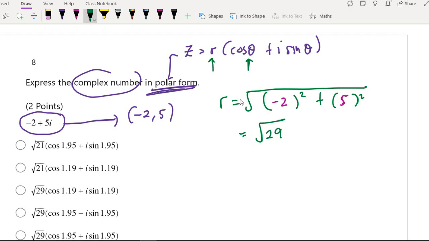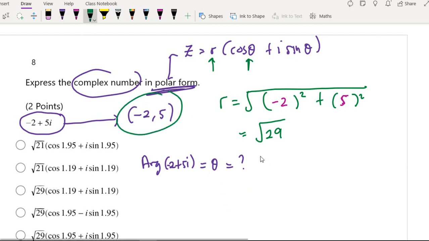Next step, you need to find the argument of z, or -2 plus 5i, which is theta. First, check that this coordinate lies in the second quadrant: (-2, 5).